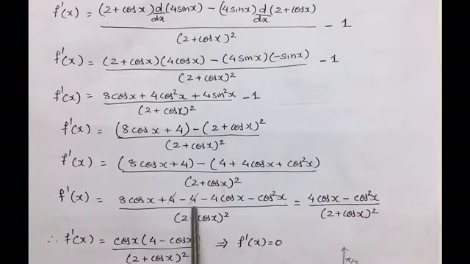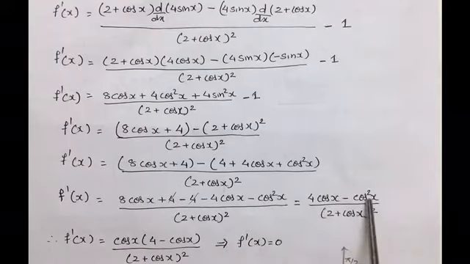So it gives us minus 4 - 4 cos x - cos square x, whole divided by (2 + cos x) whole square. Now 4 and minus 4 get cancelled. 8 cos x - 4 cos x gives 4 cos x, and minus cos square x as it is, divided by (2 + cos x) whole square.